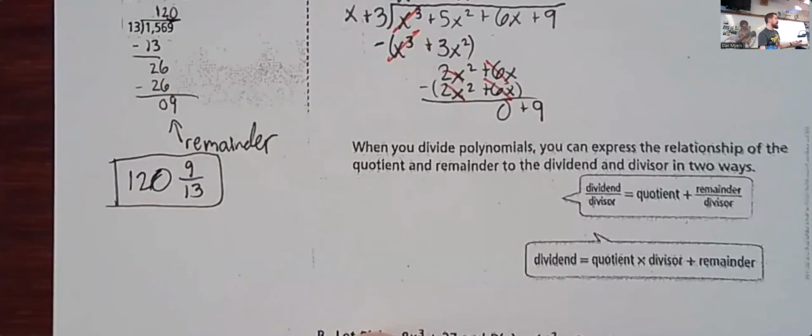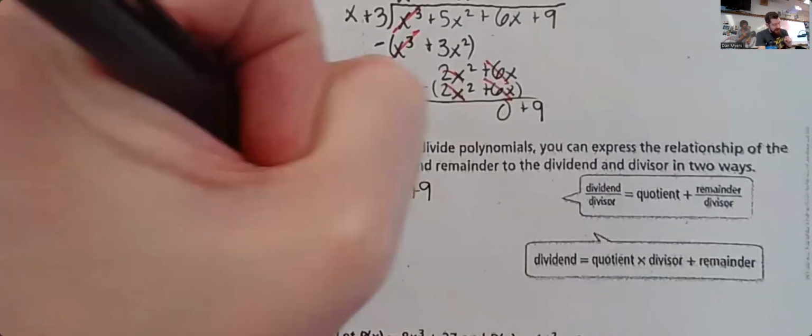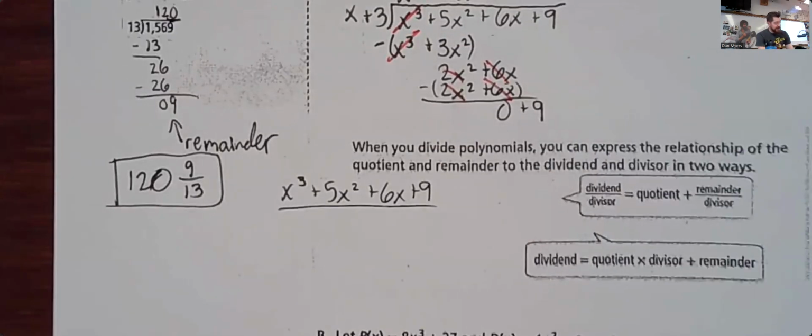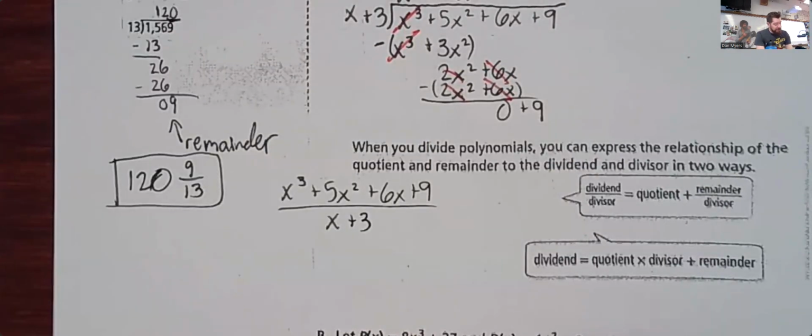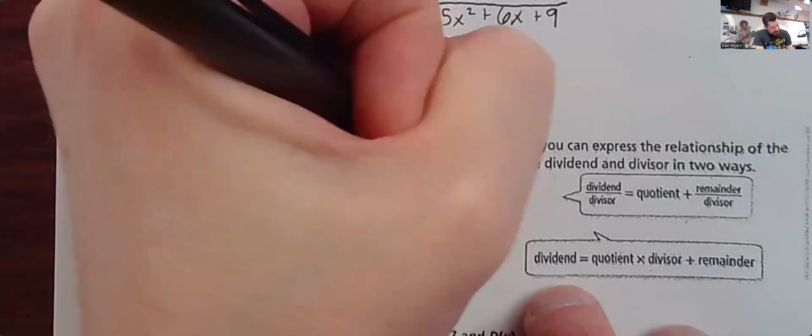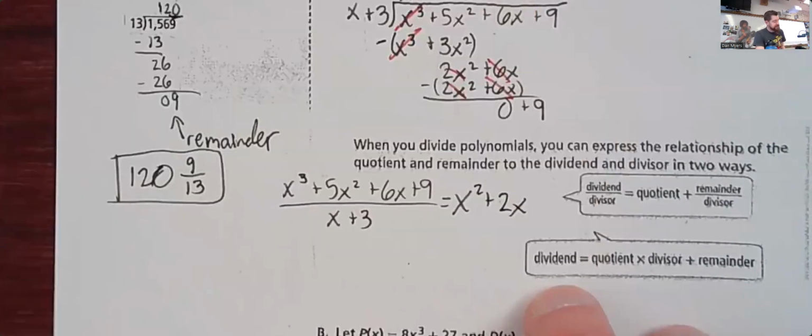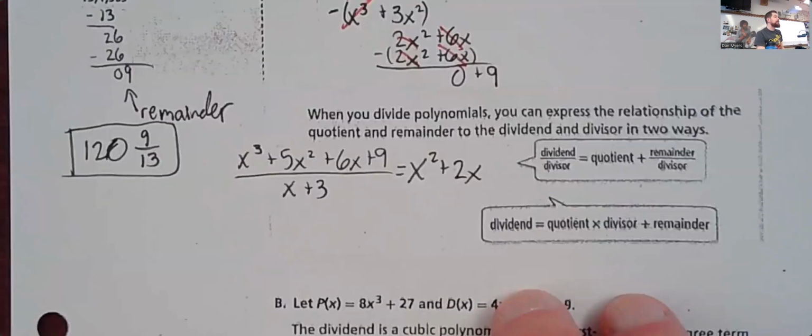Let's write the division problem as a fraction and then write our answer. So we're going to have x cubed plus 5x squared plus 6x plus 9 divided by x plus 3 equals x squared plus 2x with a remainder of what?